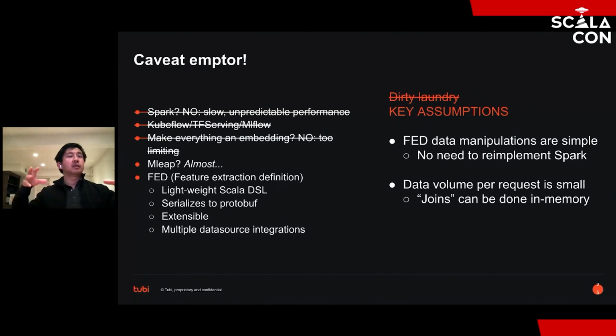For a single request, we often need to extract multiple feature sets, join them together, and then transform them. And these joins can be done in memory because the request is small. Otherwise, it severely limits the flexibility of the language and also the flexibility of the data store that we have.